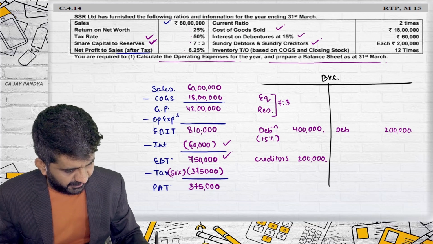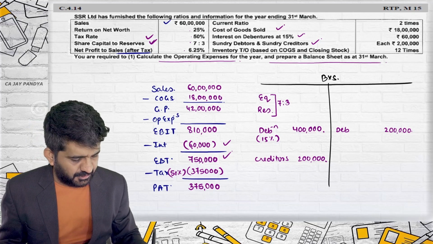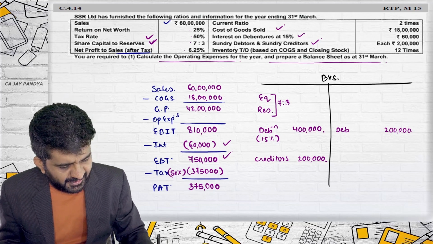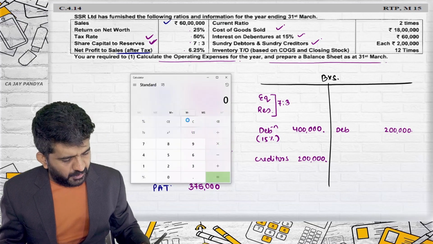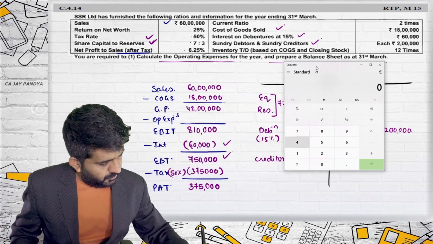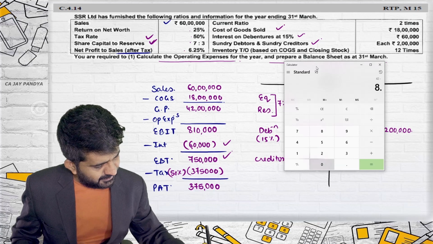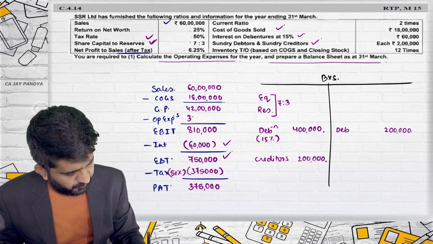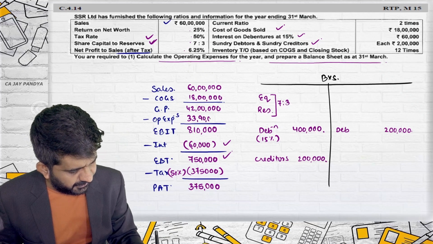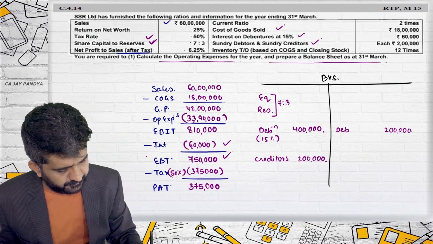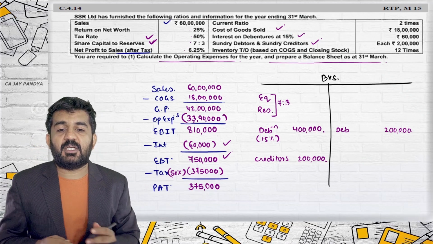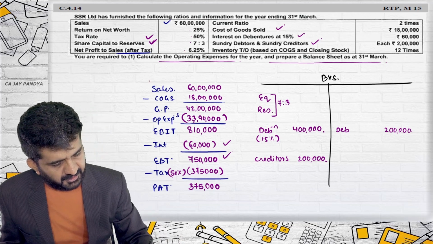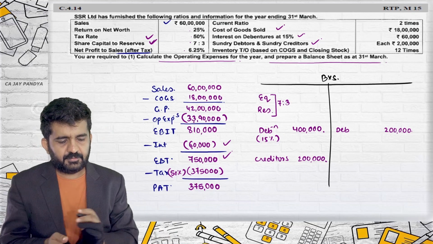You can verify, 8,10,000 minus 60,000 is 7,50,000. If this is 8,10,000 and gross profit is 42 lakhs, the difference, 42 lakhs minus 8,10,000, will be 33,90,000, which is nothing but operating expense. So I've got my first answer.